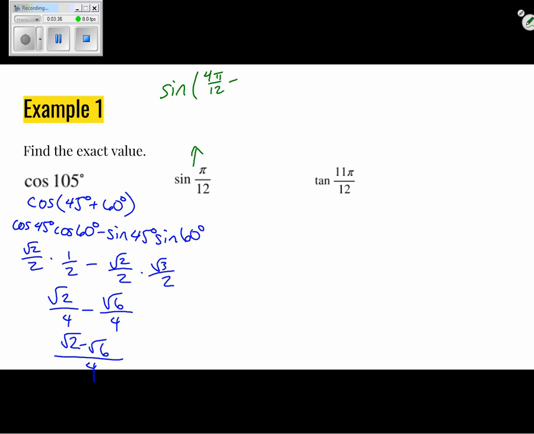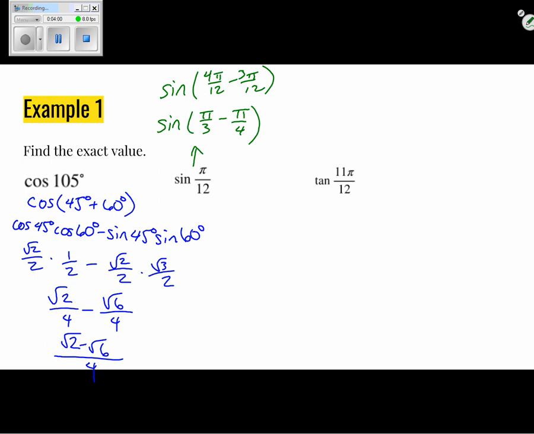I've been doing this a while, so my guess is going to be really good. I'm going to use 4 pi over 12 minus 3 pi over 12. I know good and well that gives me 1 pi over 12. That matches. How do I know those angles are good? I can simplify both of these to pi over 3 minus pi over 4, which is what is on my unit circle.